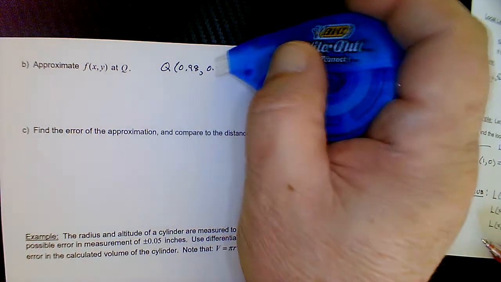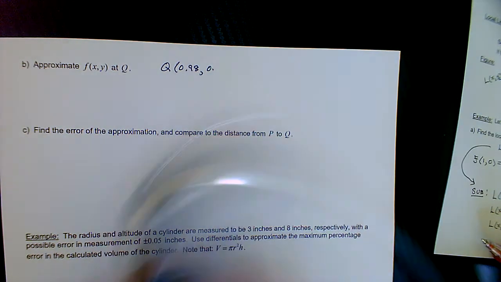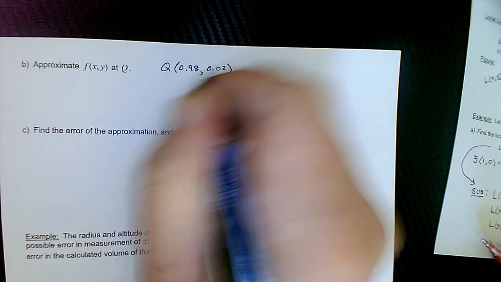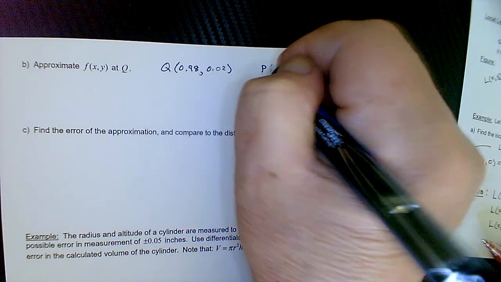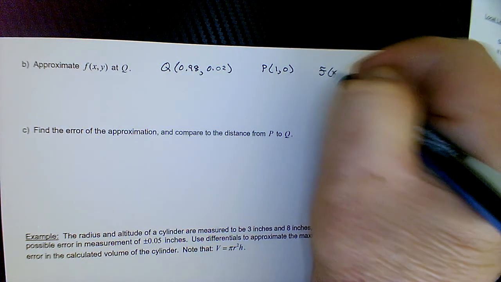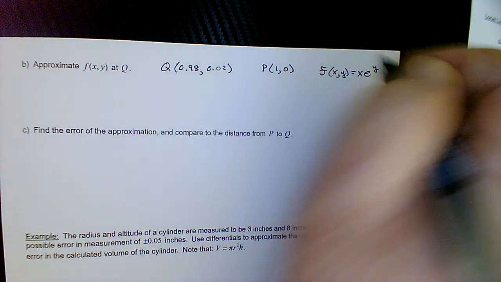And so q is going to be the point, again, 0.98, 0.02. Notice it's arbitrarily close to the p, which was 1, 0. And recall that our function f of xy was x e to the y.